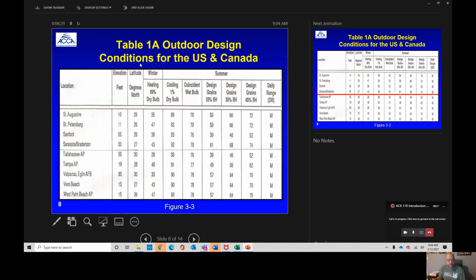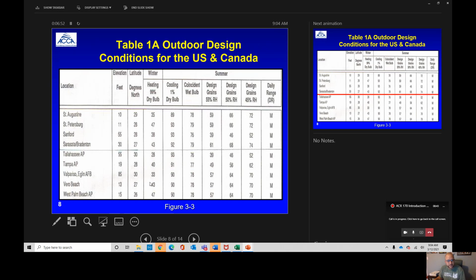All right, so here's an example of table 1A. If you go in your book and you look at table 1A, you'll find different areas. This is not for us, obviously, but it shows you some of the differences that you may run into. So let's see here. This is Florida, looks like, and Vero Beach. I've been there before, so let's look at Vero Beach.